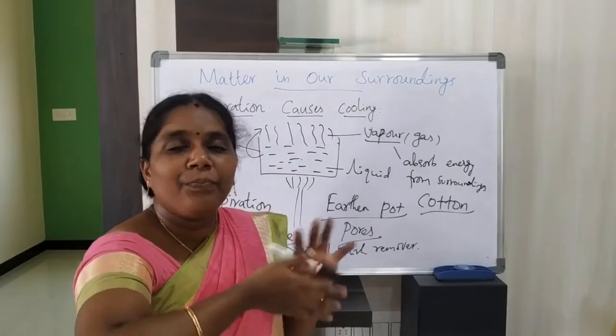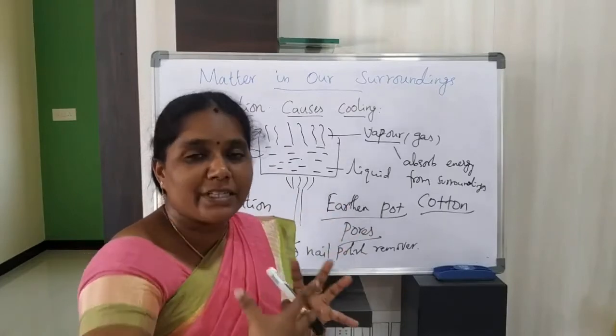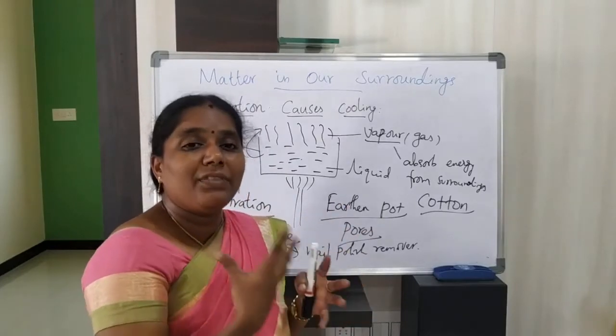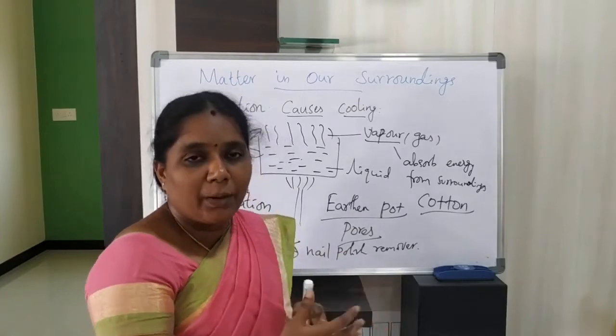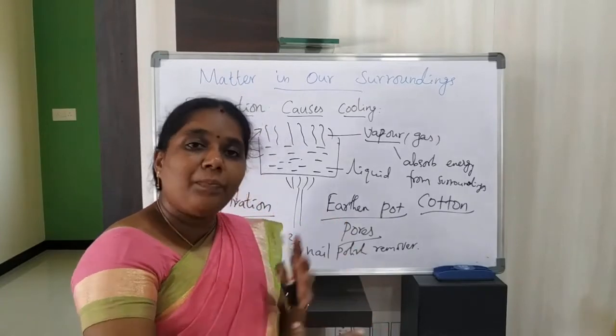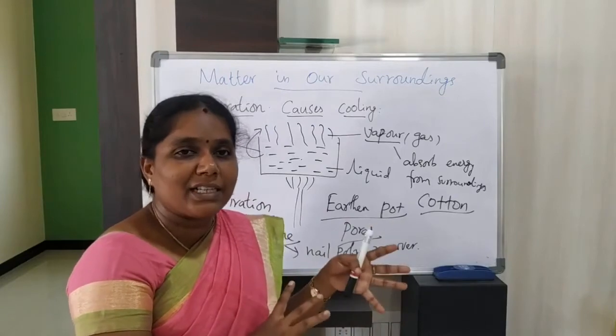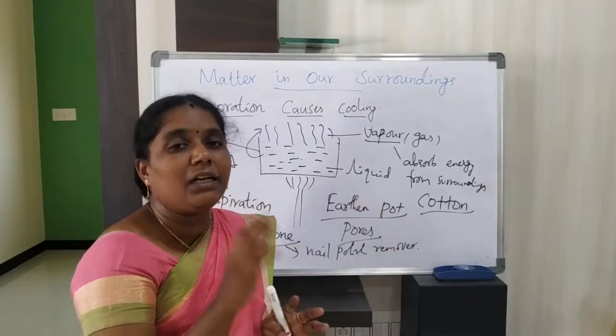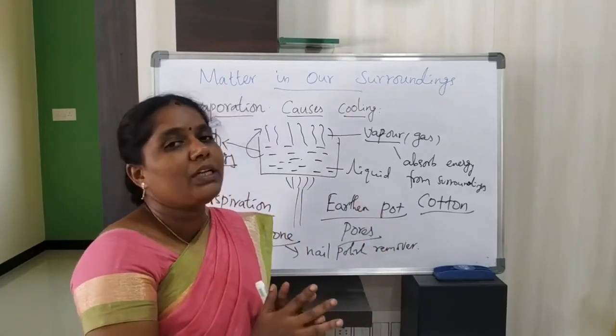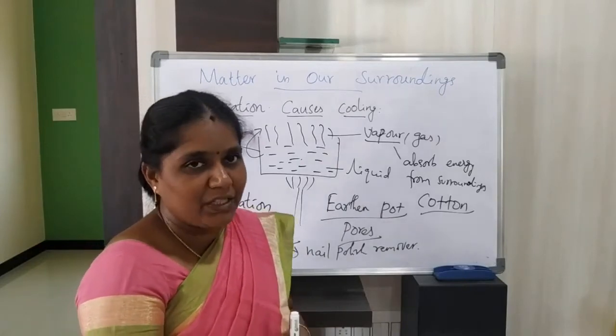What is diffusion? That is the intermixing of 2 or more substances on their own. So with the help of diffusion, shape and volume, we have discussed the 3 states of matter: solids, liquids as well as gases, isn't it?